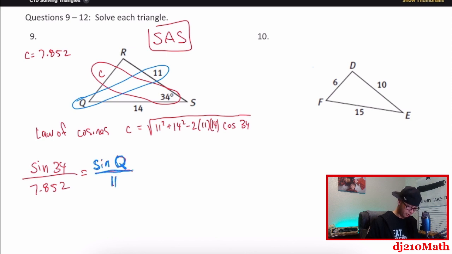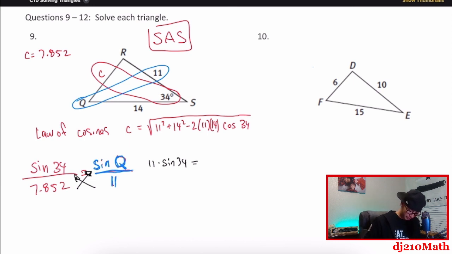All right, cross multiply and divide, solve, and then we're going to have to use inverse trig, because we're looking for an angle. So this is going to be 11 times sine 34 is equal to, notice this, 7.852. I could multiply that by sine q, but then to solve for sine q, I'd have to divide.